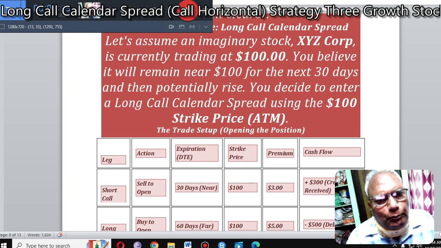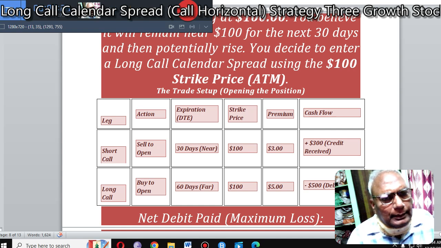The trade setup, opening position. Five columns: leg, action, expiry date, strike price, premium, and cash flow. First leg, short call: sell to open, expiry 30 days, strike price $100, premium $3, cash flow plus $300 credit received.